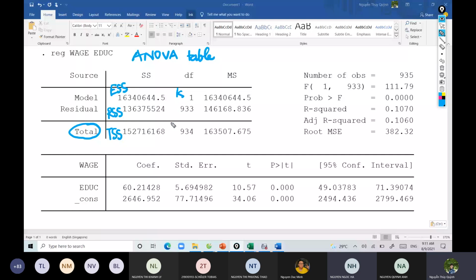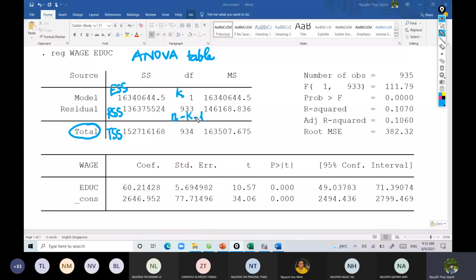What is it? N minus K minus 1. Yeah, that is N minus K minus 1. In this exercise, we have N is equal to 935, okay? And K is equal to 1. That's why we have N minus K minus 1 is equal to 933, okay?